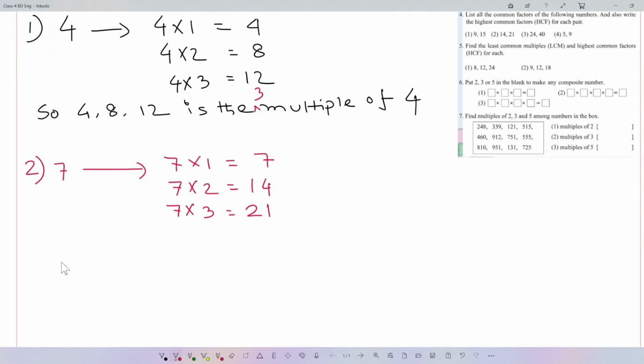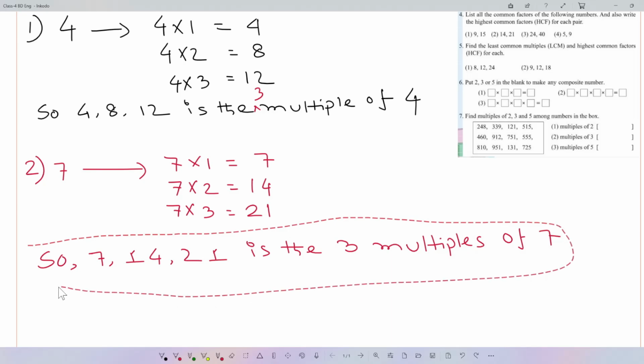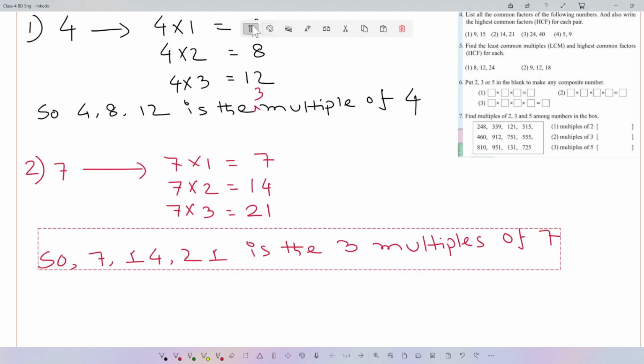Same thing we can write: 7, 14, 21 are the three multiples of 7. The same line we can write several times, so we can copy it: first select, then copy.